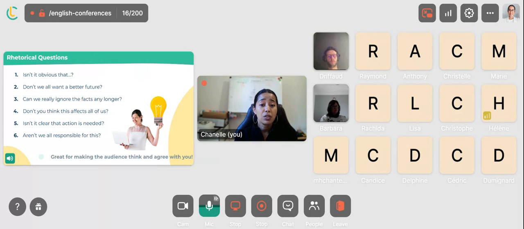We can also use rhetorical questions, such as, isn't it obvious that? Don't we all want a better future? Can we really ignore the facts any longer? Don't you think this affects all of us?